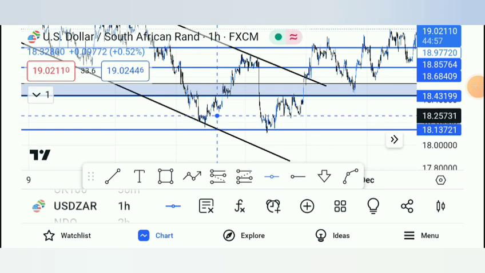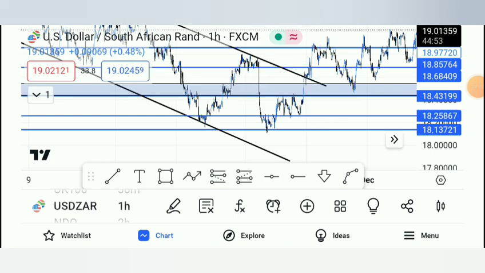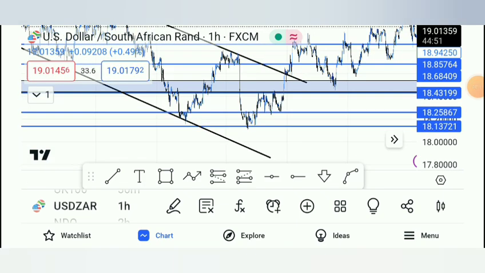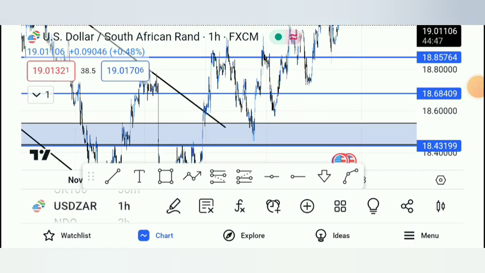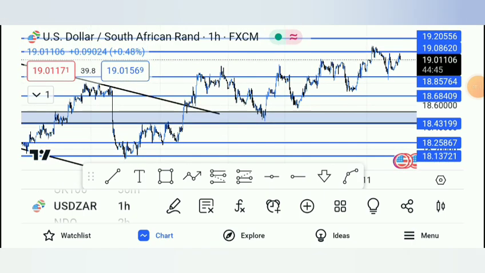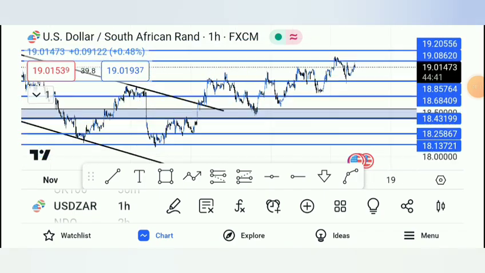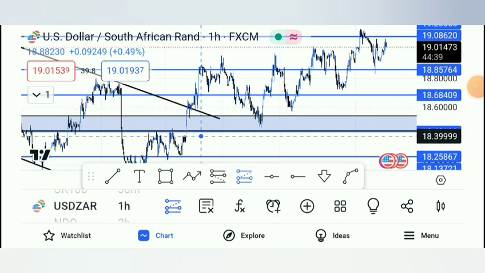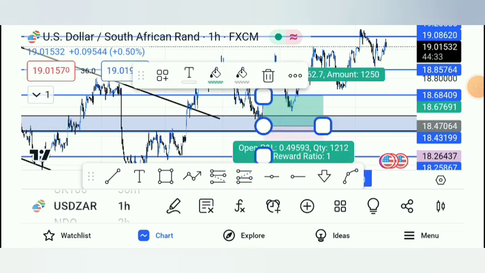The price will push upward. As you can see, this created a mini buy zone. So let me show you where I got this buy. So this is where I got this buy.